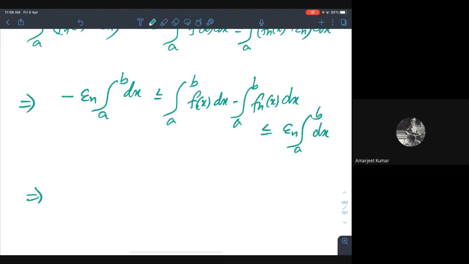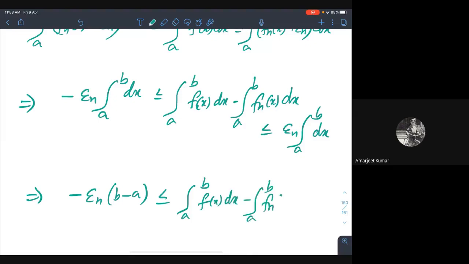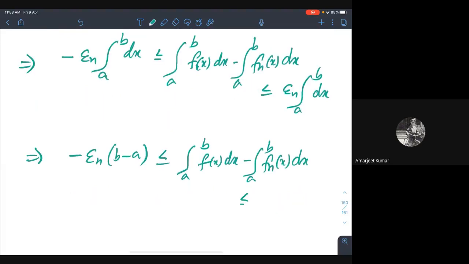So this implies minus epsilon n times b minus a is less than or equal to the integration from a to b of f(x) dx minus the integration from a to b of fn(x) dx, less than or equal to epsilon n times b minus a.